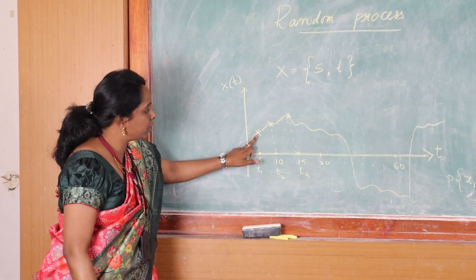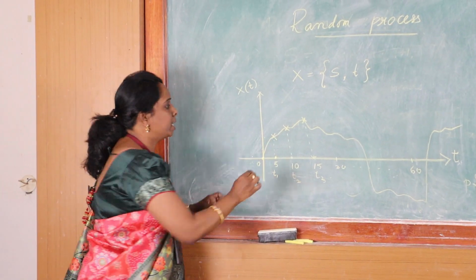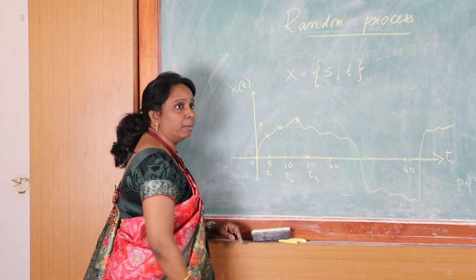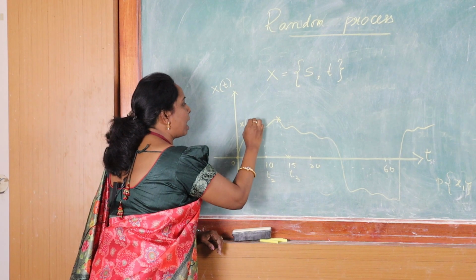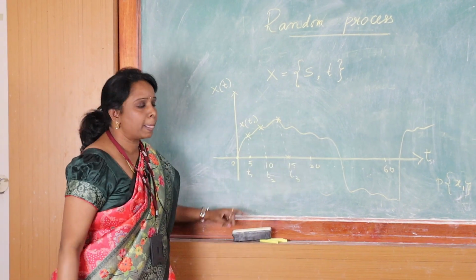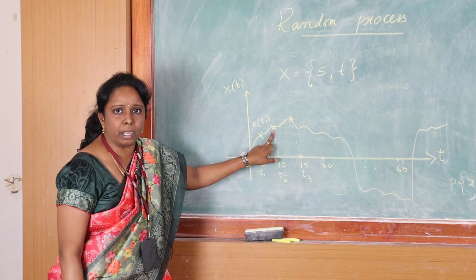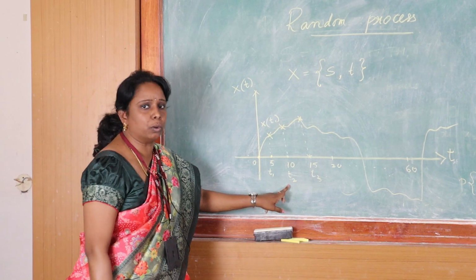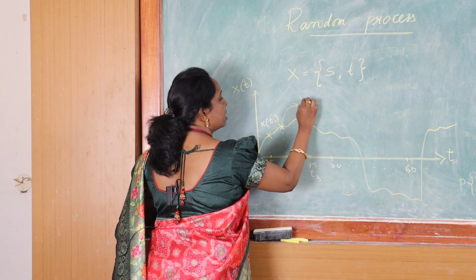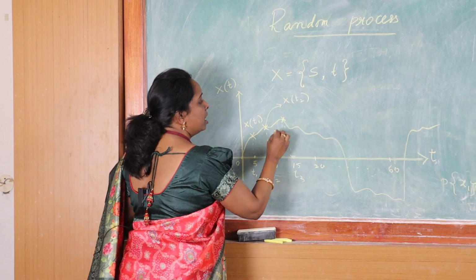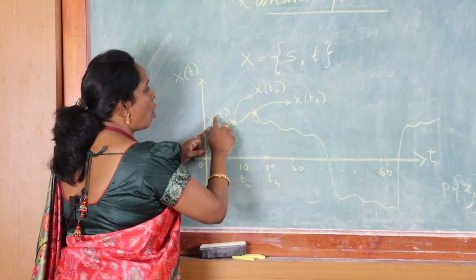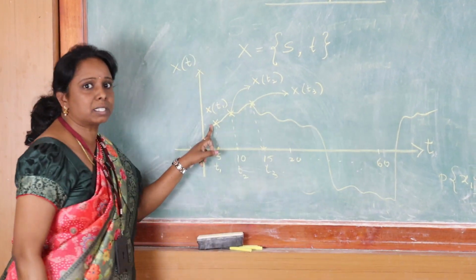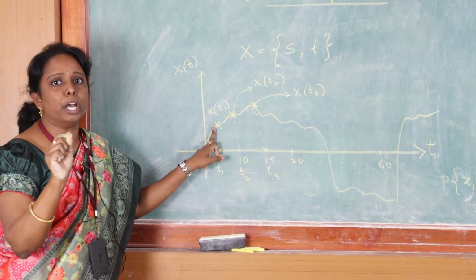Whatever the temperature value is here, it is called the random variable X at t1, which I will simply represent as x1. This is another temperature reading at another time instant t2, represented as x2. This is now represented as x3. Now all this set of elements is indicated as a random process.